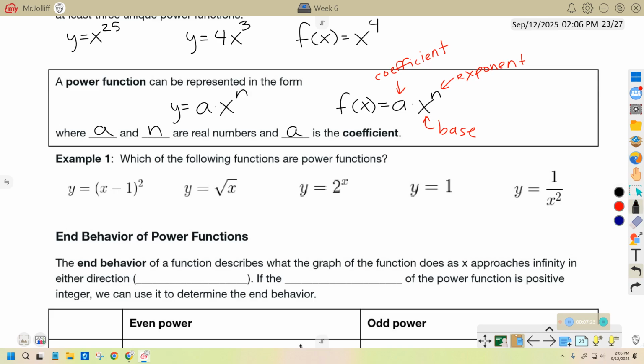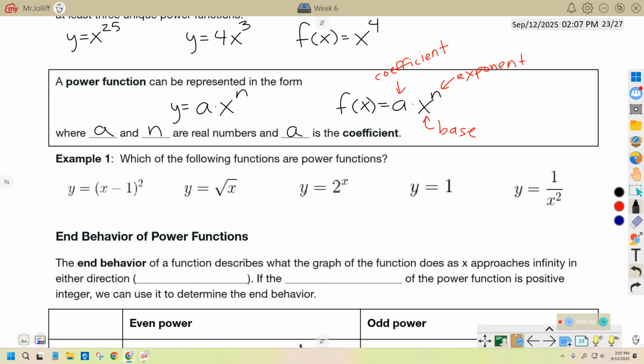Power function, not power function, but with your thumbs. I see thumbs down, thumbs up, shaky thumbs, thumbs sideways. It can't be both. It's one or the other. Pick one.